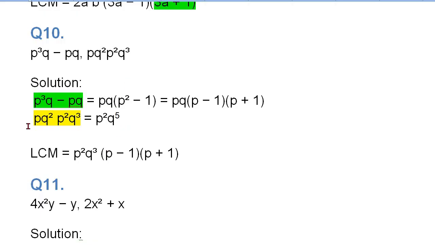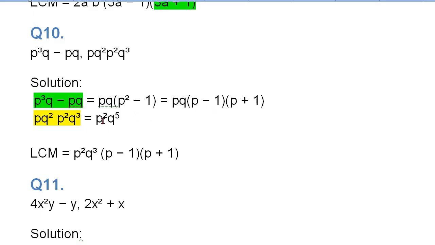Now you have this, because they are just multiplying, there is no minus or plus, so you cannot take common. Now what is common between them? pq is common, and the other factors are p minus 1 and p plus 1. The common is only pq, so take pq only.